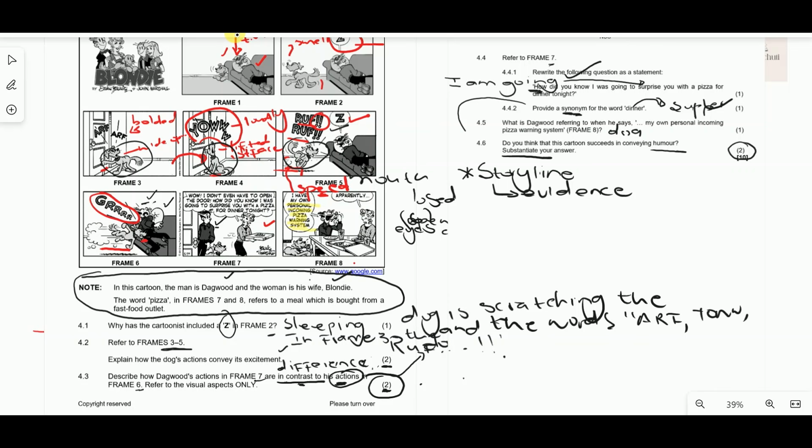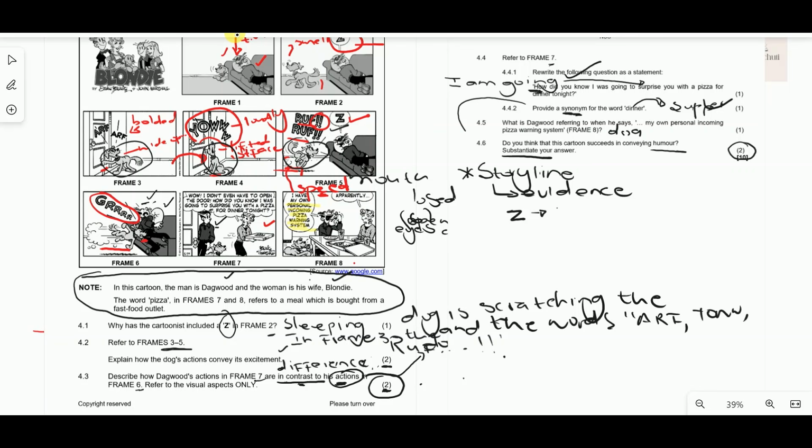You can say, for an example, from frame 1 to frame 5, Darkwood was asleep. The cartoonist even used the letter Z to indicate that Darkwood is sleeping. However, the dog could sense that someone is coming. It started to move and to bark. For an example, you can say from frame 3 to frame 5, it was barking, with the words using exclamation marks to indicate that it was barking loudly.